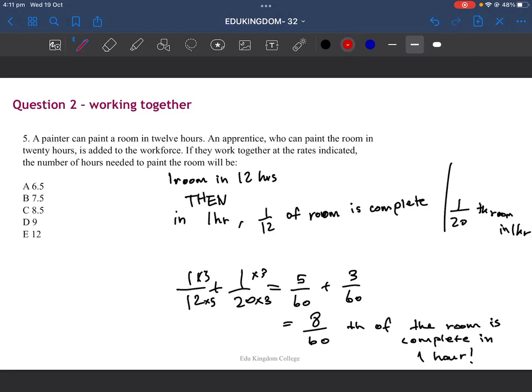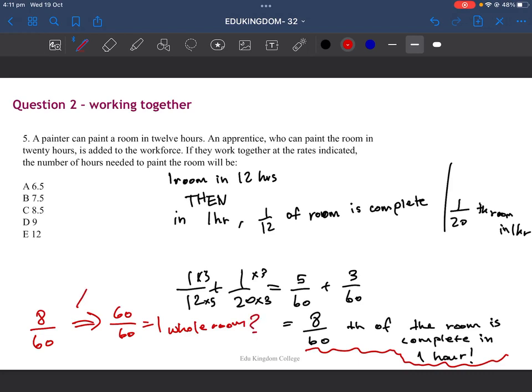If that's the case, let me just underline this because this is important. If that is the case, then how long till the whole room is finished? If 8/60th is done in 1 hour, then how long till 60/60, which equals 1 whole room? Okay, so this is the question. How long does it take?